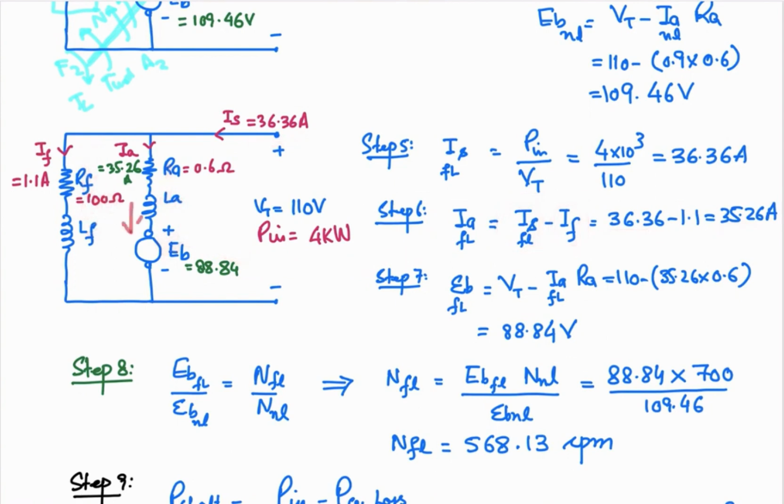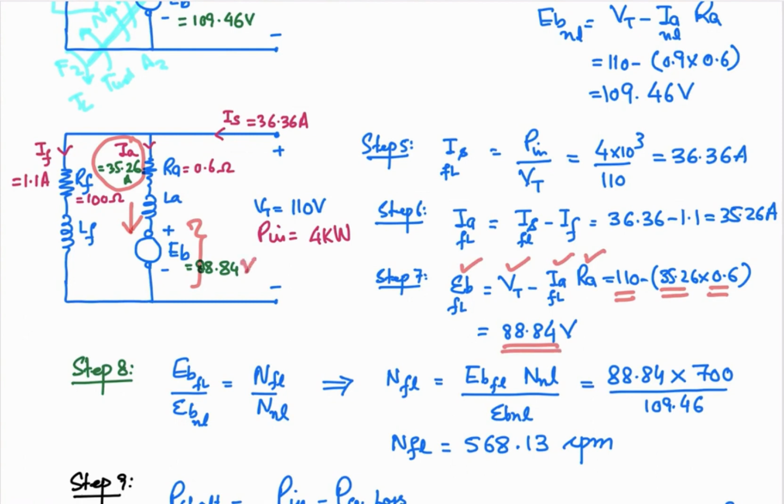So this armature current is given by this value, right? Okay, now what will be the new back EMF? That we can determine again by writing the motor voltage equation, that back EMF is equal to terminal voltage minus IaRa. So everything is known, armature current, armature resistance, terminal voltage. So new back EMF is 88.84 volt, right?